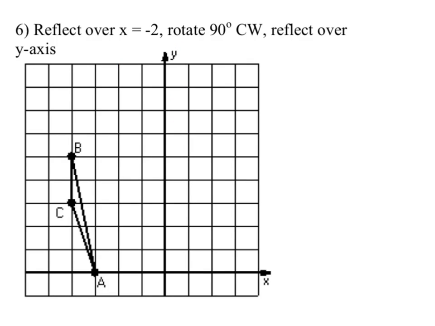6. When you start by reflecting over the line, x equals negative 2. That's right here, x equals negative 2. If you reflect over that, A prime is going to be right there. C prime is going to be here, and then B prime is going to be above C prime. Connect that up, and you got your figure.